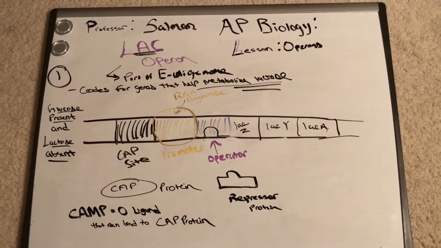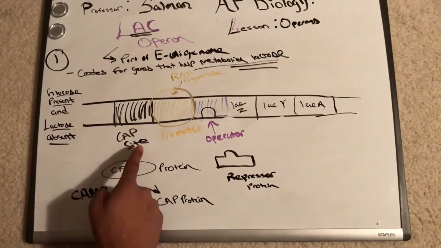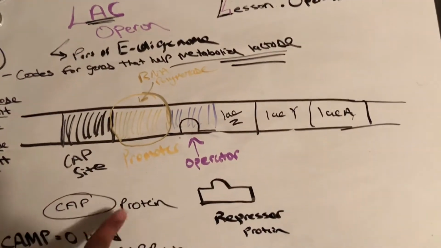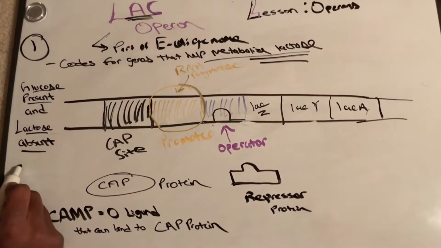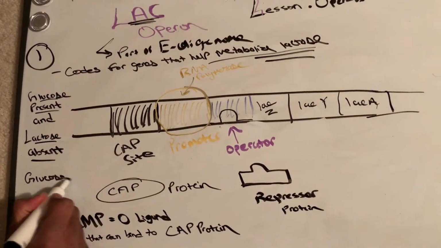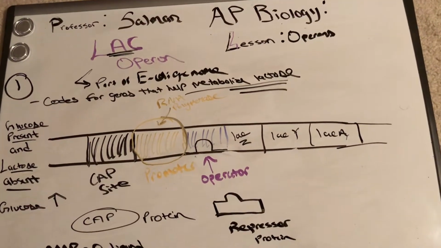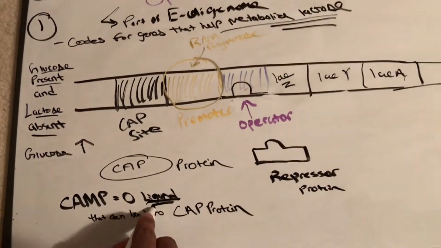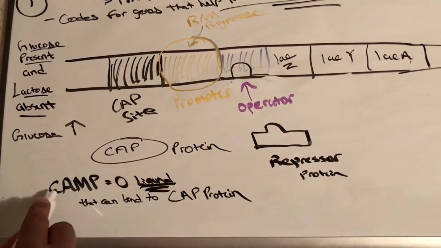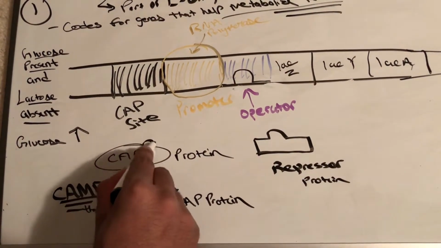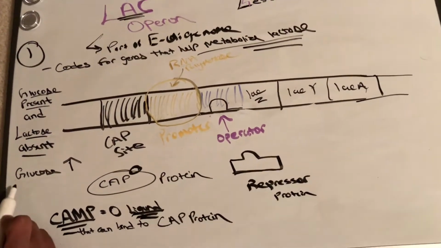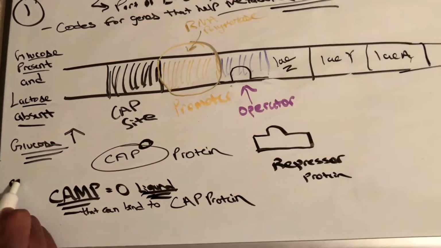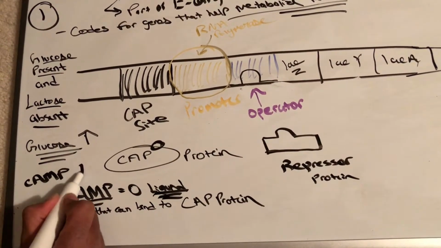Now how this process works is, as we talked about, there's this CAP site, this promoter region, and this operator region. And this CAP protein goes along with this CAP site. However, since glucose is present in this situation, which means we have high levels of glucose, that means the ligand molecule, a small binding molecule known as cAMP, which binds specifically to the CAP protein, will not bind, because if there's an increased amount of glucose, then there's a decreased amount of cAMP.